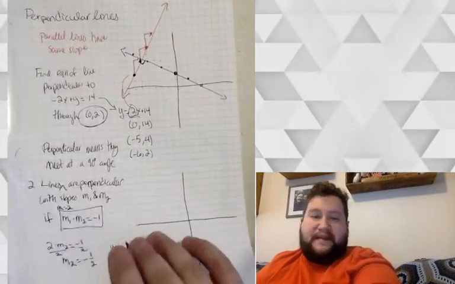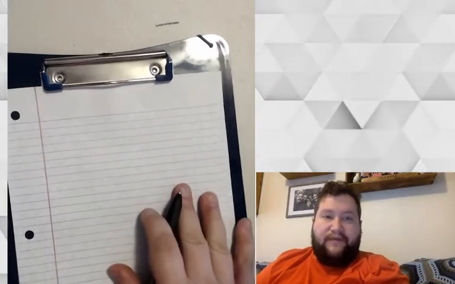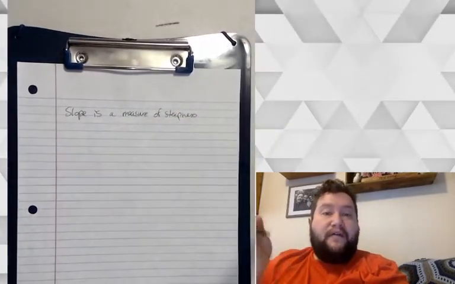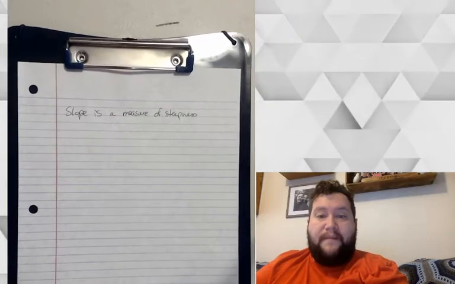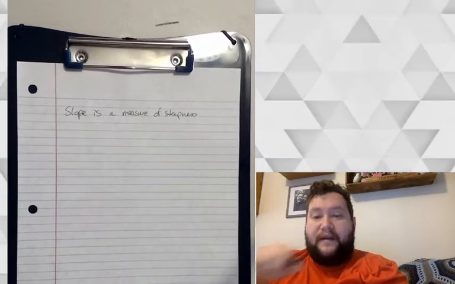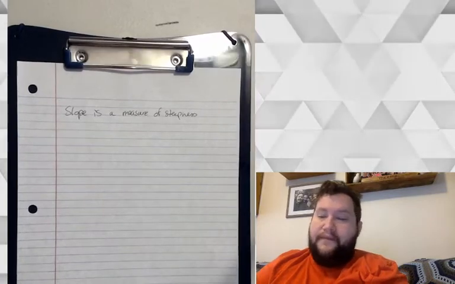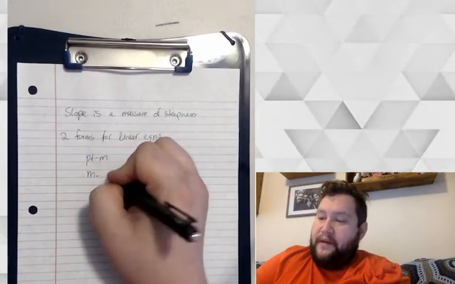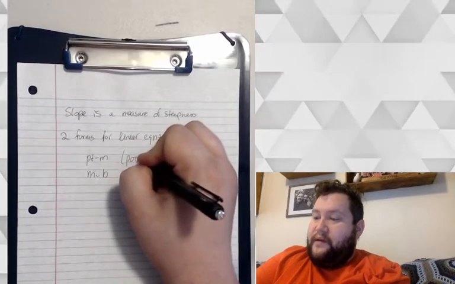So to bring some of these ideas together, I'll just give you a little summary of what we've talked about. Slope is a measure of steepness. We talked about how if slope is positive, from left to right it'll go up, and if it's negative, from left to right it'll go down. We have two forms for linear equations. We have point slope and slope-intercept.